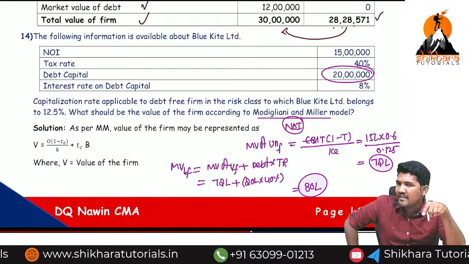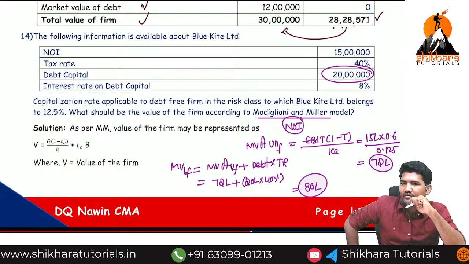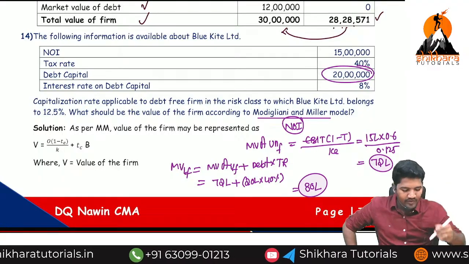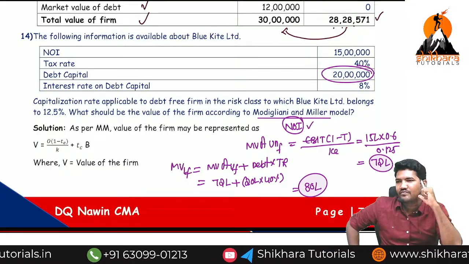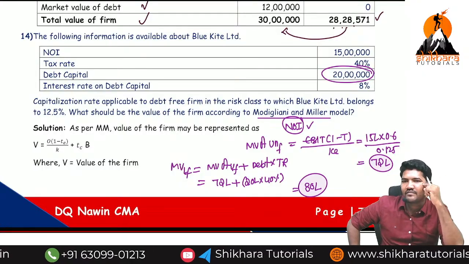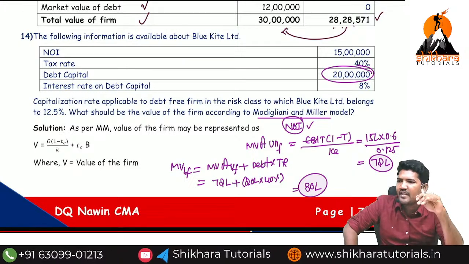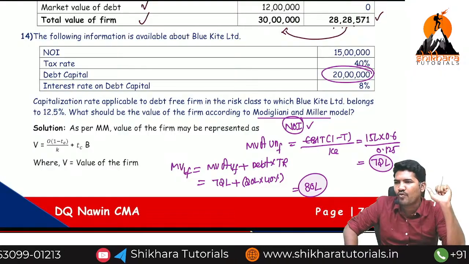MM is the practical proof of the NOI approach. So if they ask the NOI approach, it is nothing but the MM approach. NOI is a theory, MM is a practical. Only one calculation is there, that is called MM, but they can use the word MM or NOI. There is no special calculation for NOI.